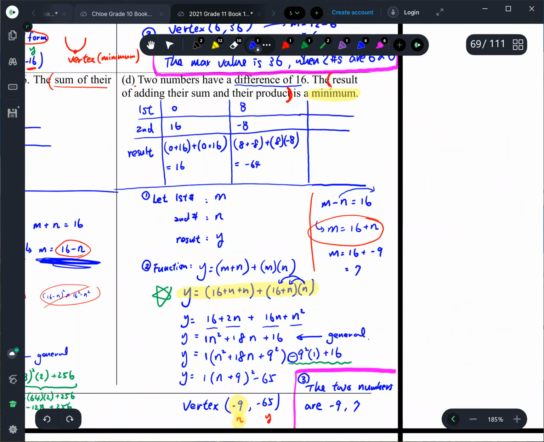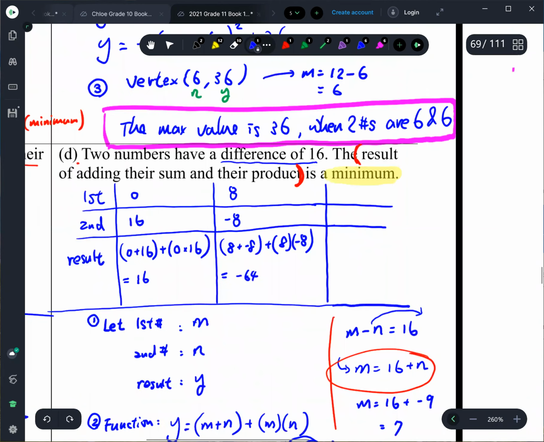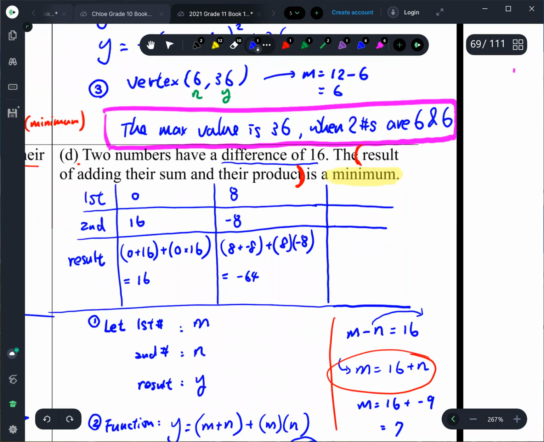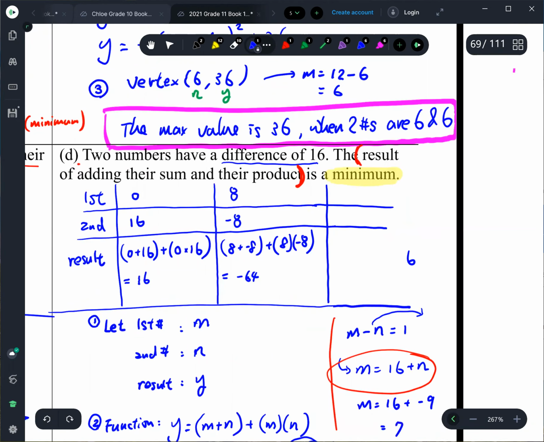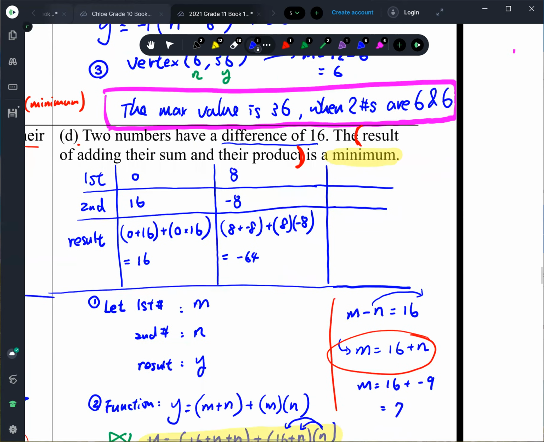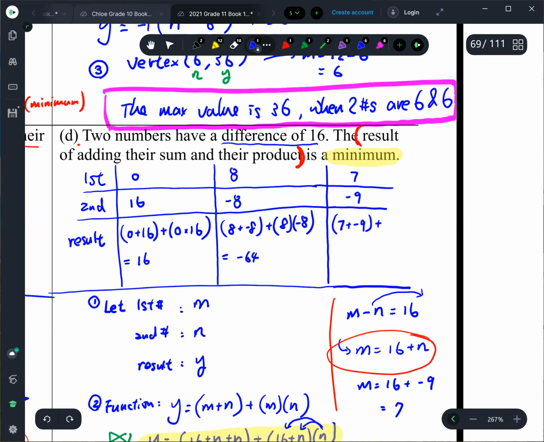So go back to the table on the top. Our first number was found to be 7. Second number is -9. The sum plus the product.